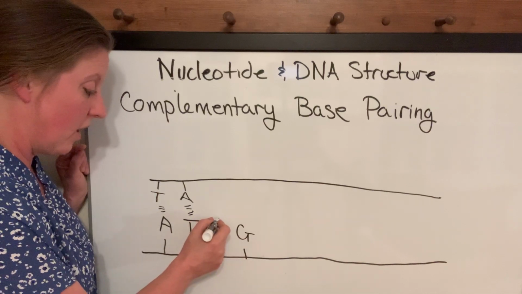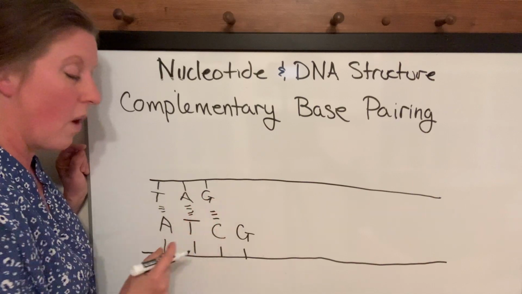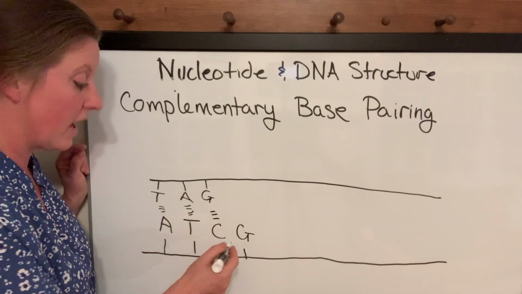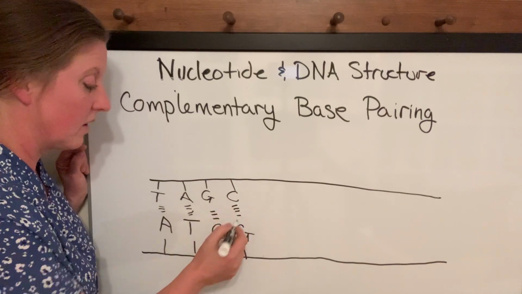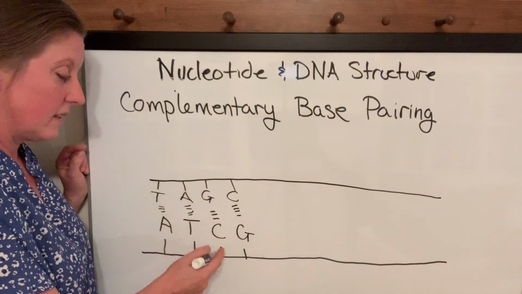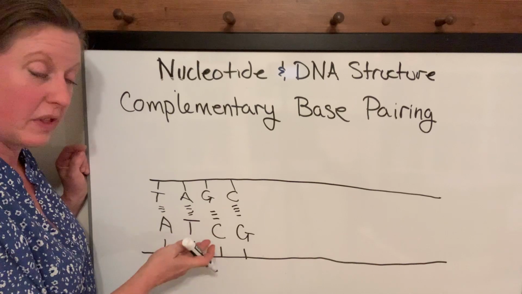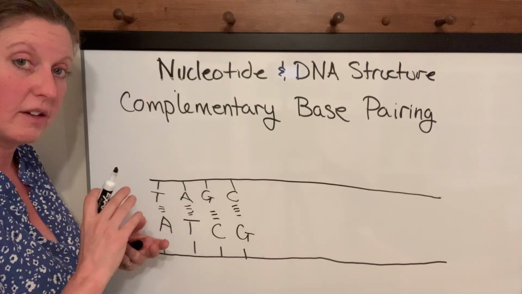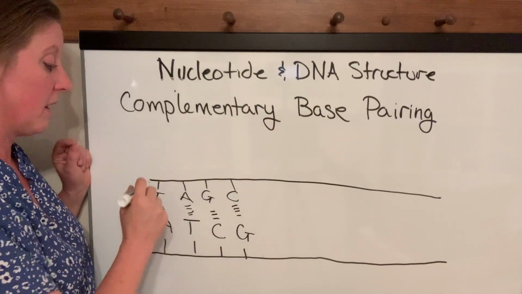Cytosine and guanine are also paired, so wherever there is a cytosine, there will be a guanine on the opposite strand. And wherever there is a guanine, there will be a cytosine on the opposite strand. Because they don't match to the same letter, but they always match to a complement, kind of like two puzzle pieces fitting together, we call it complementary base pairing.